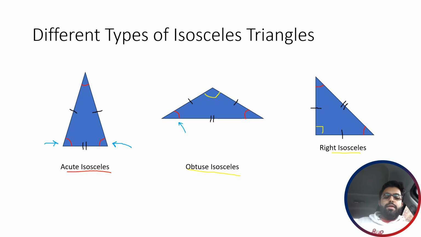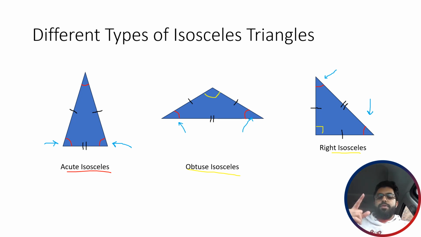This angle and this angle will be the same size as each other. And same thing for this angle and this angle. Because for an isosceles triangle, if you've got two sides that are the same length, because that's what you need for it to be an isosceles triangle, you're also going to have that two of the angles are the same.